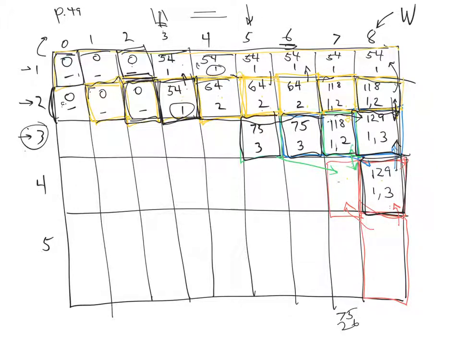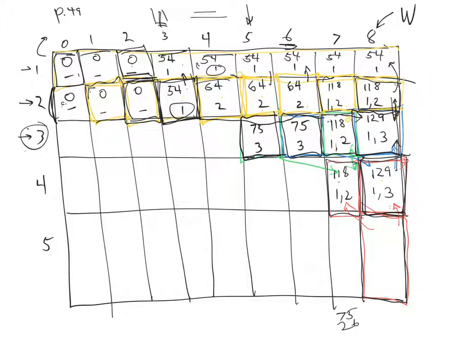And then similarly in this cell, apparently the 118 beats it, because if we go over 2, we're in this cell, which is 75, plus the 26 is not as big as 118. So this is 118.